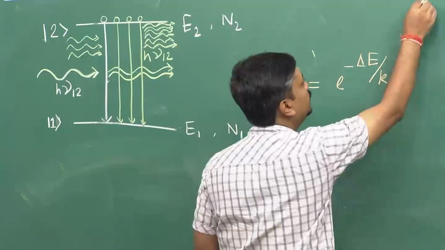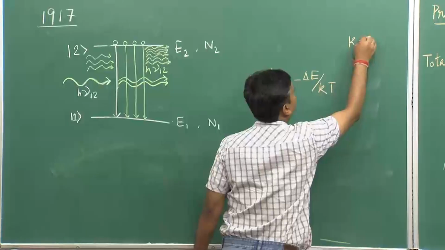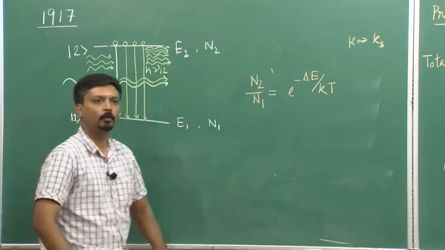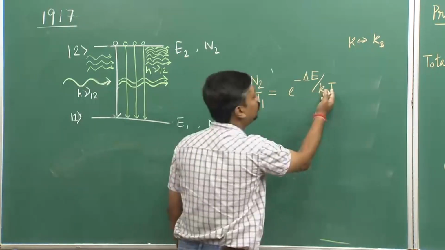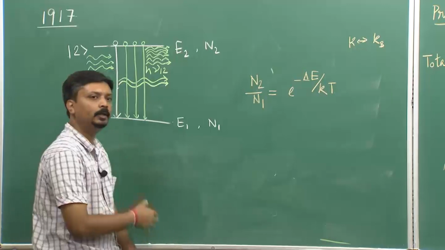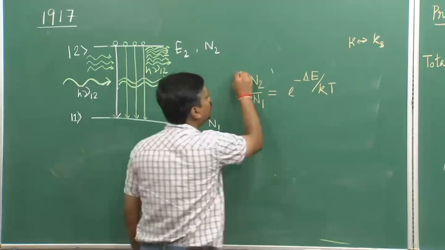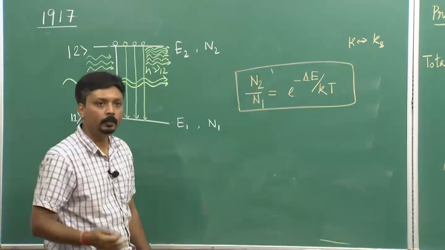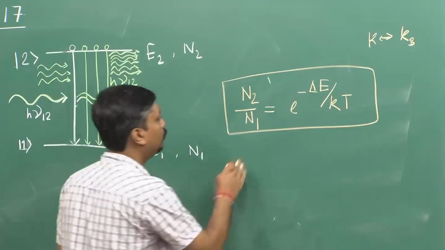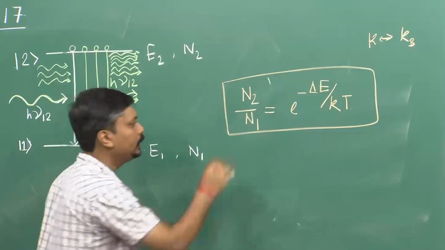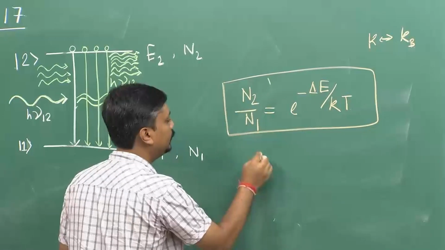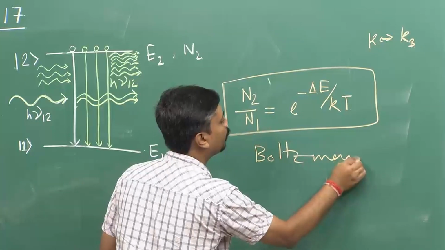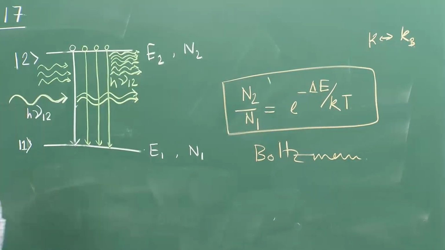On many occasions you will see it written as kB. Okay. B stands for Boltzmann. So, here we are not writing that B specifically, so we are writing kT. So, this we know under equilibrium, right. So, when the equilibrium is established, then always I have this relation coming from Boltzmann.